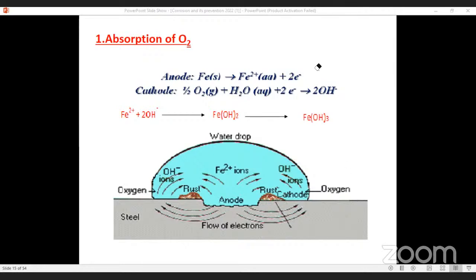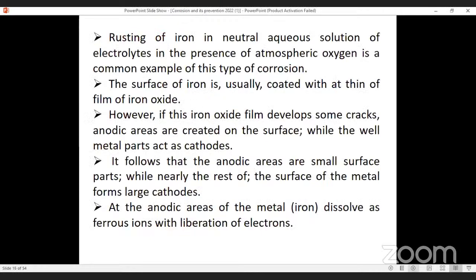The rusting of iron in natural aqueous solution of electrolytes in the presence of atmospheric oxygen is a common example of this type of corrosion. The surface of the iron is usually coated with a thin film of iron oxide. So what does this mean?